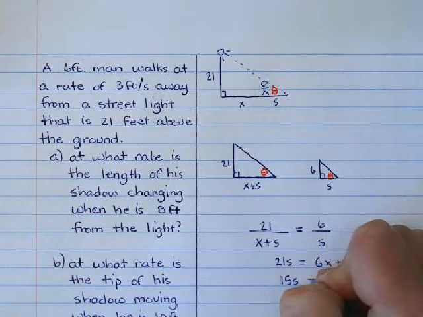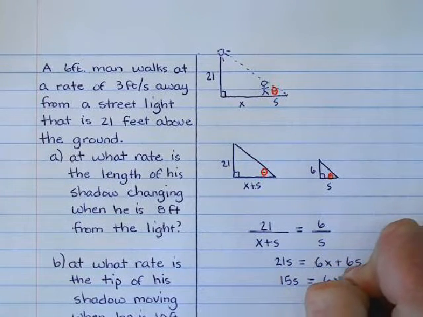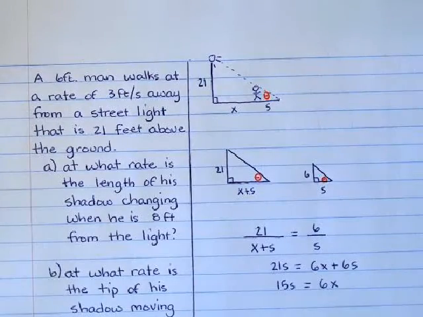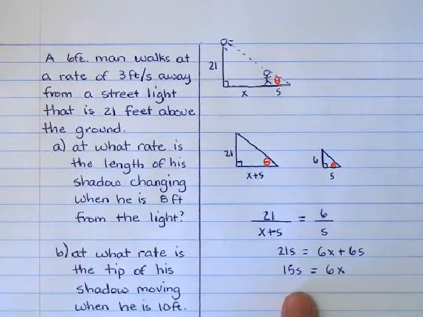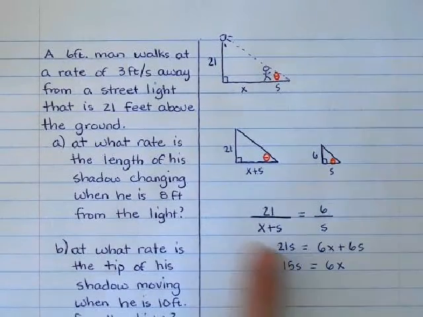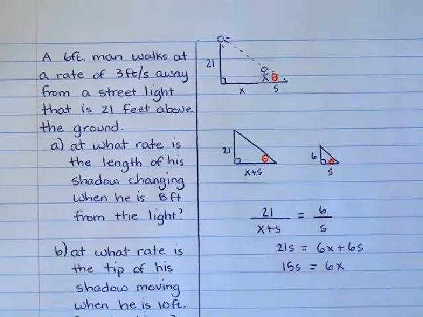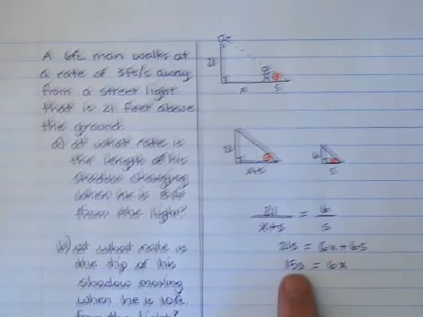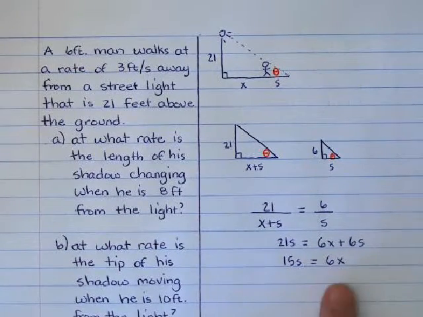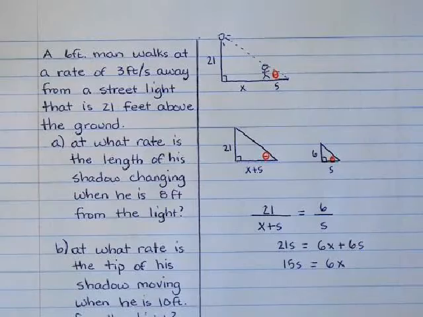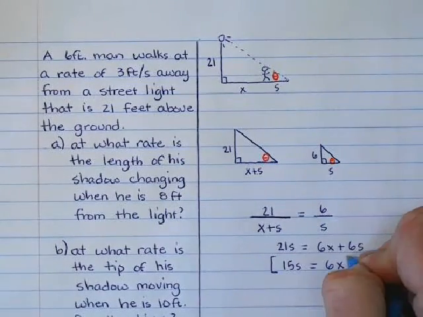So 15s equals 6x. I kind of like that equation right there. It looks like it doesn't even matter what's going to happen with that 8 feet right there, because I'm trying to find ds/dt and I know dx/dt. So I think I've got enough here. Let's go ahead and differentiate.